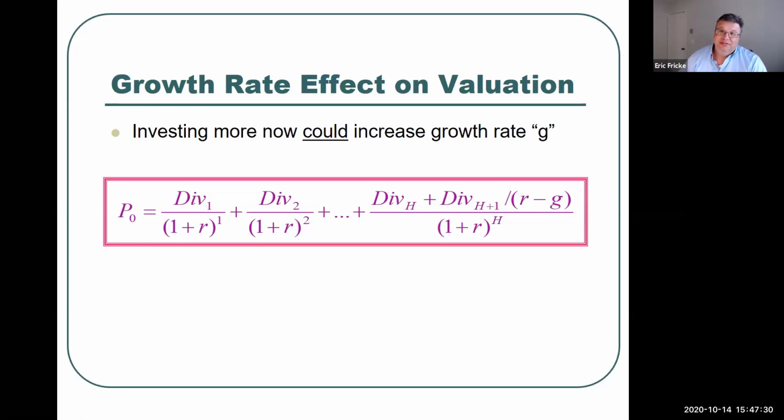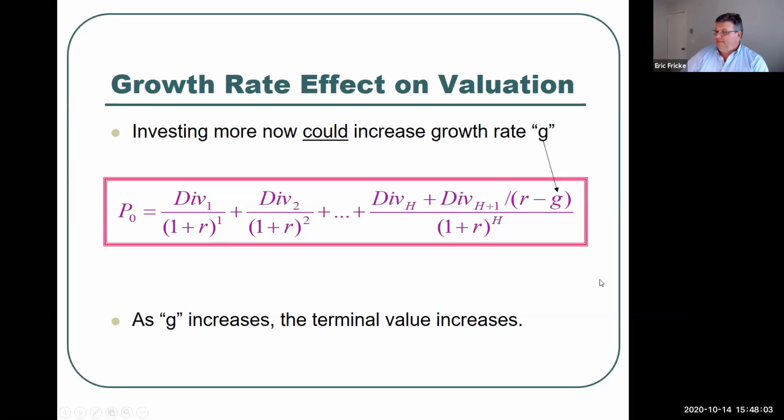But to use the Gordon growth model, you do have to get the dividend for the next year after that, and that's why you see H plus 1. Then you divide that by R minus G. That's the Gordon growth model. And there's G, right? So what we're saying here is that when this G gets bigger, it actually makes this whole term bigger as well. And that's why the value of the stock can go up if G goes up.